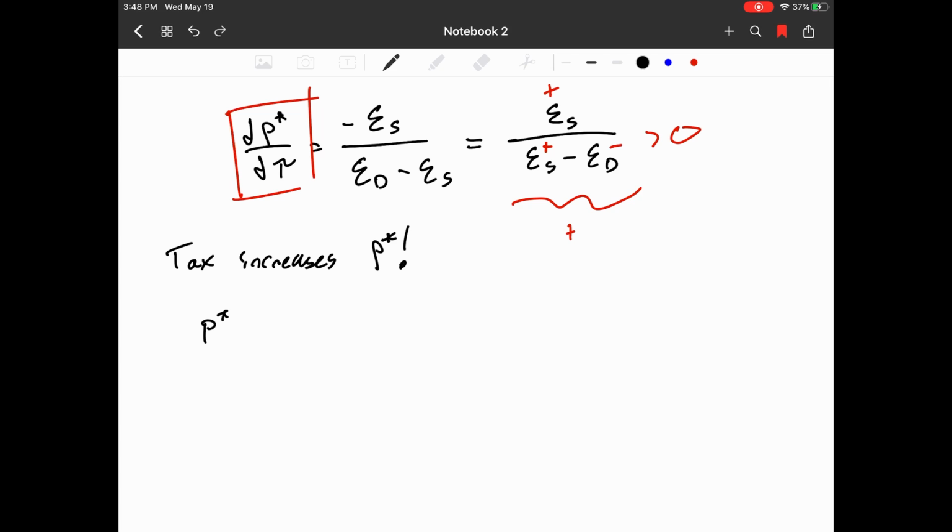P star as a function of tau is equal to, well, the price the buyers are paying is this, and the price the sellers are receiving is this minus tau.